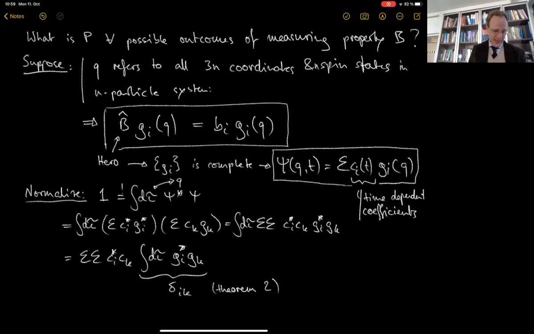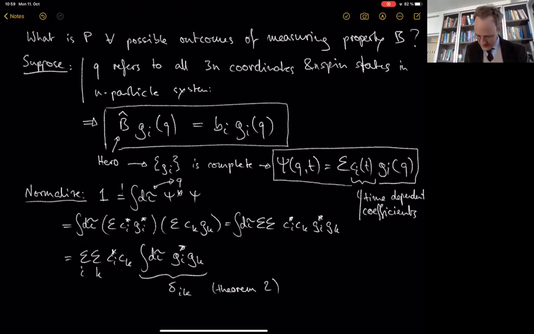Now that means whenever i does not equal k, it's 0, right? And as an effect, in the entire summation over i and k, one symbol dies, right? Only your diagonal elements survive when i equals k, right? So if i equals k, then your integral is just 1.